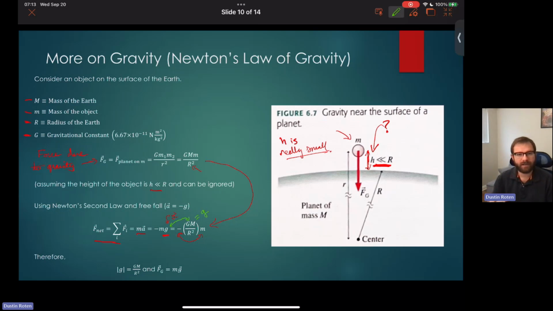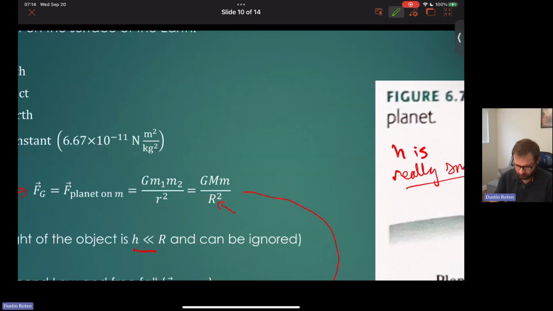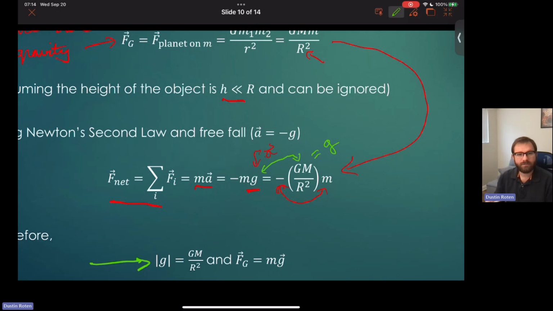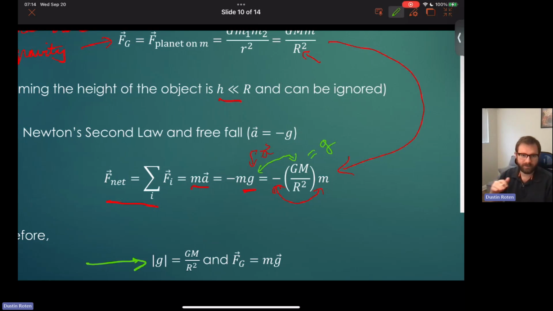That's going to make the left-hand side and the right-hand side of my equation equal. So it turns out the gravitational field of the planet Earth is actually g equals G times the mass of the Earth divided by r squared. And this will work for any planet if you know the mass. And then we also have the force due to gravity, which is just mg down.